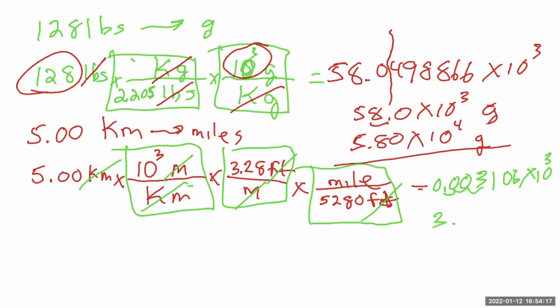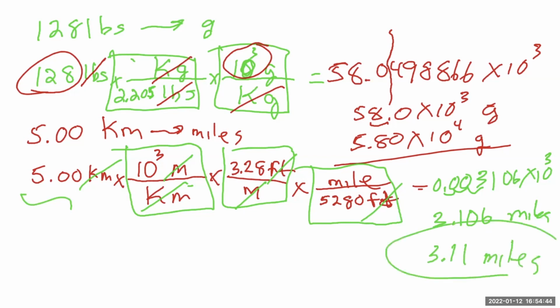It's 3.106 miles. And we want to go to three significant digits, so it's 3.11 miles. So 5K, like you said, is about 3.11 miles when you do the conversions.